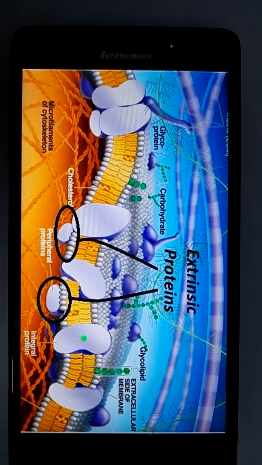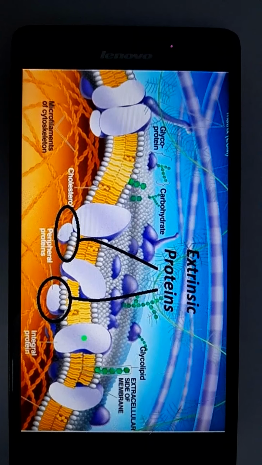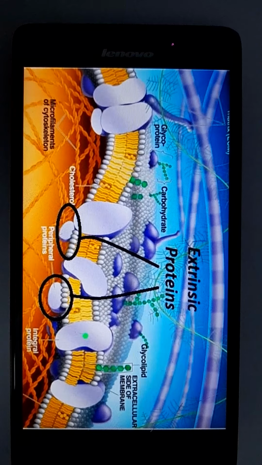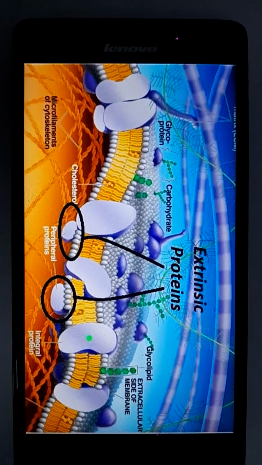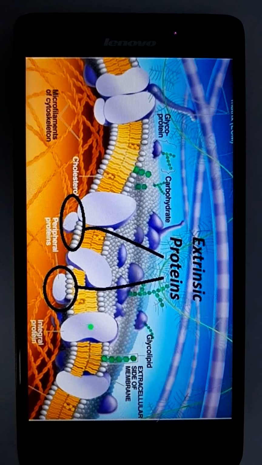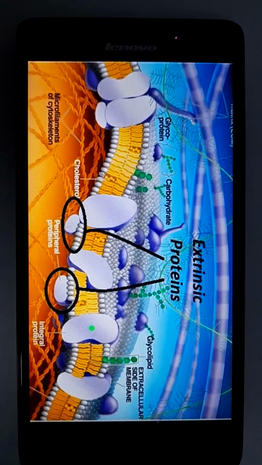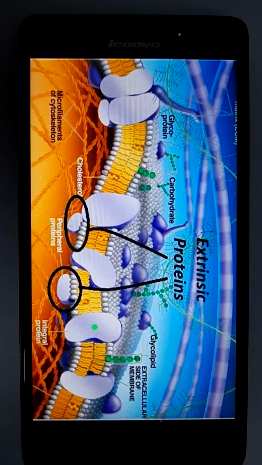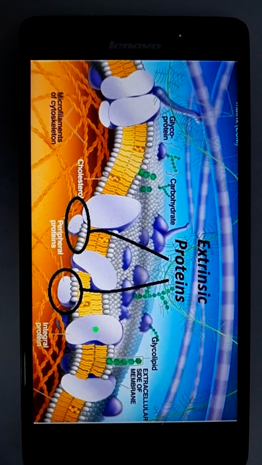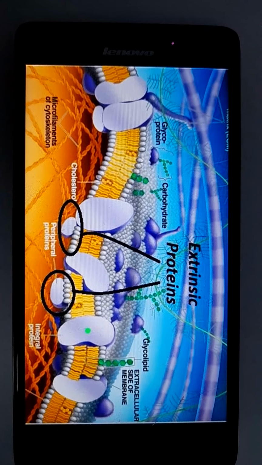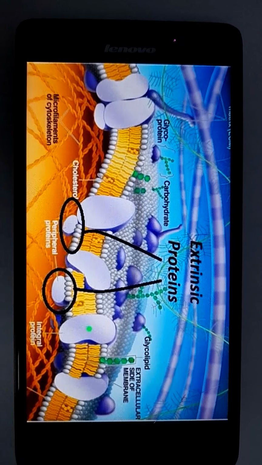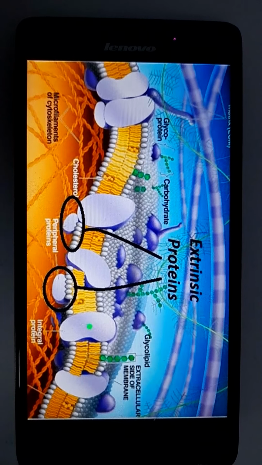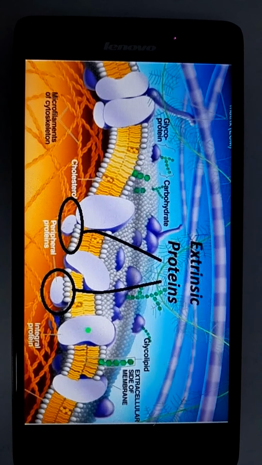In a phospholipid molecule, the head-like part is hydrophilic, water-loving, and the tail-like part is hydrophobic. It is a fatty acid containing tail. Hydrophobic means water-repelling. Like this, two natures, water-loving and water-repelling, or hydrophilic and hydrophobic natures, are present in the phospholipid molecule.